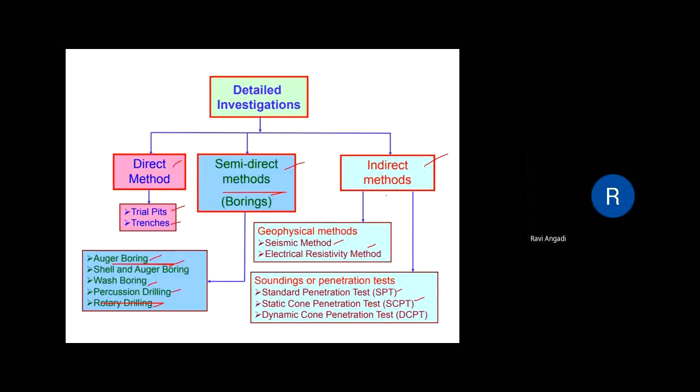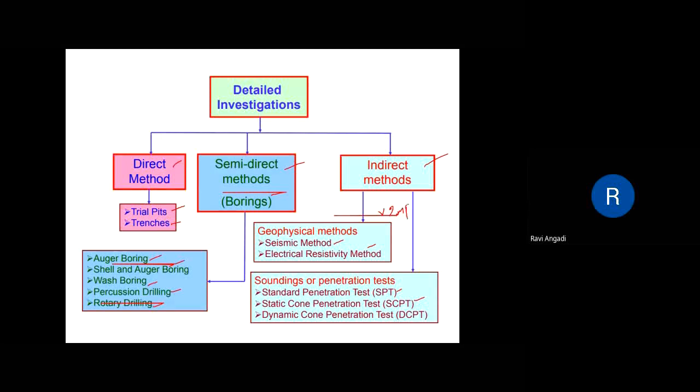About the indirect methods, they are clearly mentioned in your syllabus as indirect methods of testing the soil. They are geophysical methods of exploration: the seismic method and electrical resistivity method. These two methods are very important for getting more information about the substrata, and they are very important from the examination point of view.